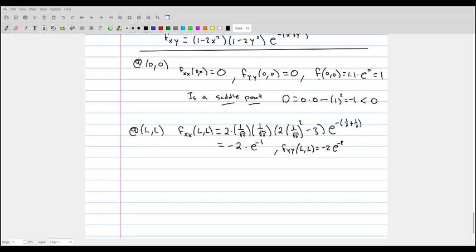And when you plug into fxy here, just to keep consistent, you plug into fxy at L comma L, you'll get that this is equal to 1 minus 2 times 1 over root 2 squared, which is 1/2, times 1 minus 2 times 1/2 times e to the negative 1, which is equal to 0.